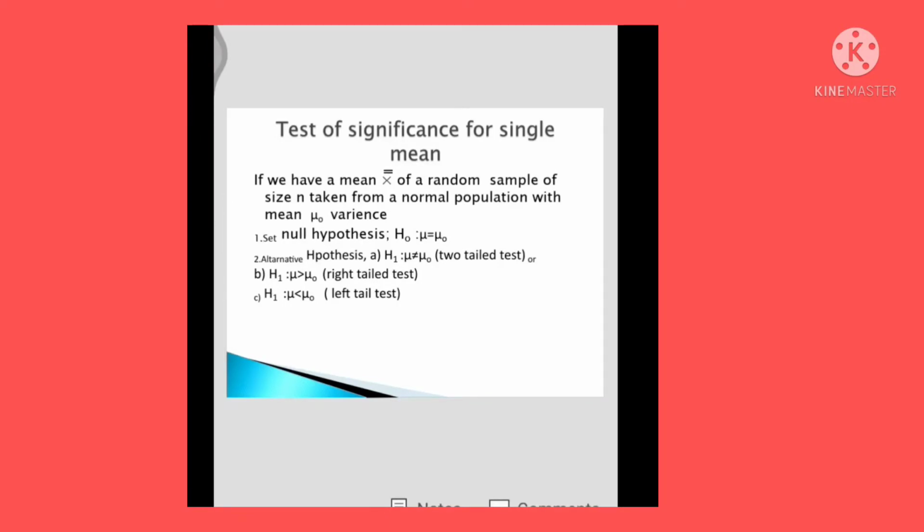In the case of the right-tailed test, H1 is mu greater than mu naught, and in the third case, H1 is mu less than mu naught, called the left-tailed test.